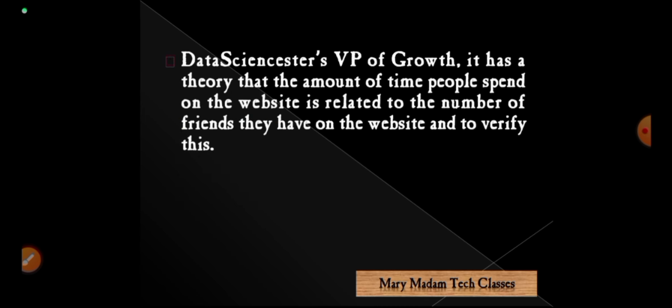If you move into our topic, the data scientist's VP of growth has a theory that the amount of time people spend on the website is related to the number of friends they have on the website.